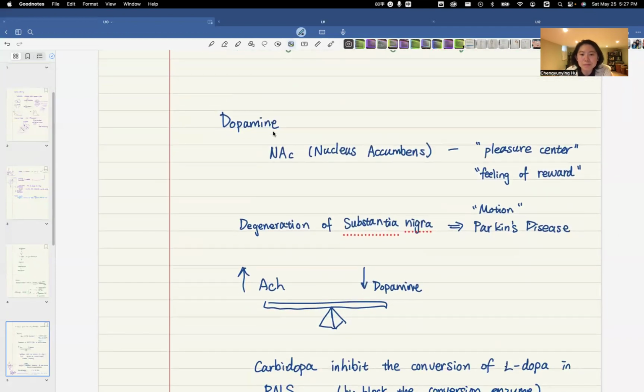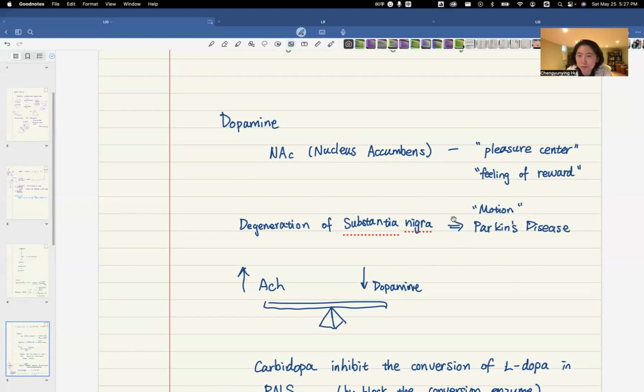And dopamine. Dopamine acts on the nucleus accumbens. It gives pleasure, the feeling of reward. In Parkinson's patients, there's degeneration of this part of the brain that makes the level of dopamine lower.